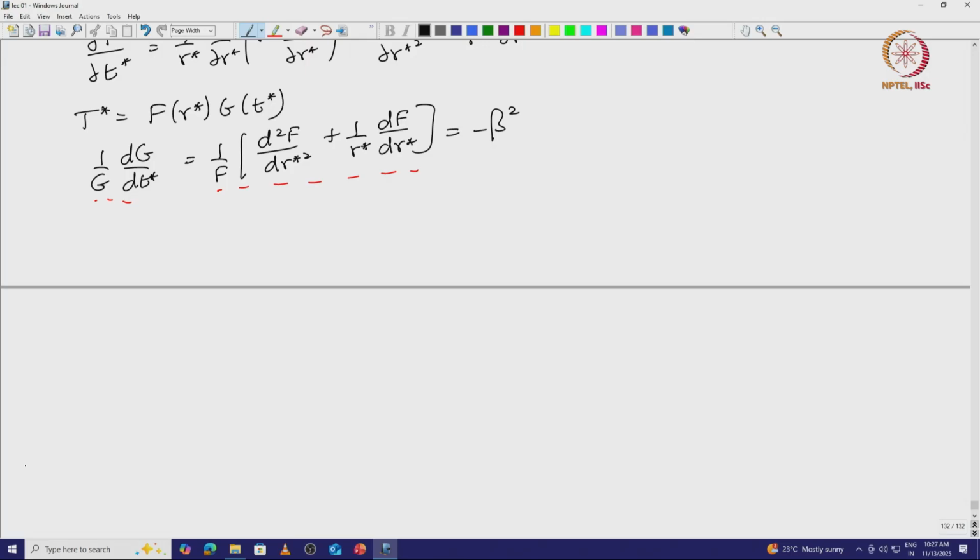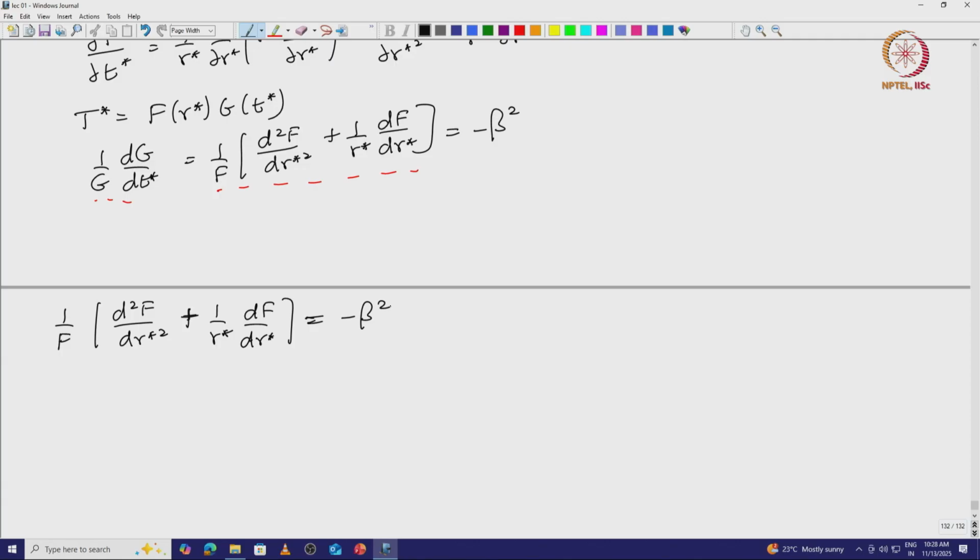So, now let us first solve the spatial part of the equation. 1 by f into d square f by dr star square plus 1 by r star df by dr star is equal to minus beta square.